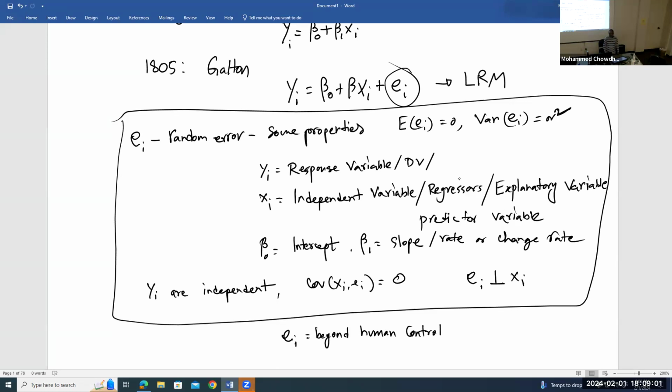Some of the crops of the farmer are destroyed by birds, by insects, which the farmer cannot control. Similarly, when a dairy farmer milks the cows, some of the machines are misplaced and some of the cow milk is wasted. So the error term is beyond human control.